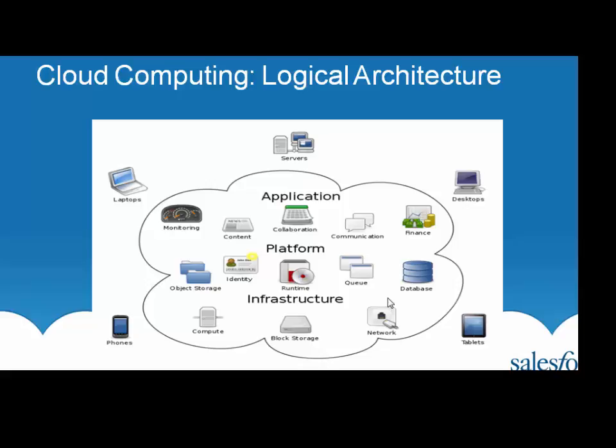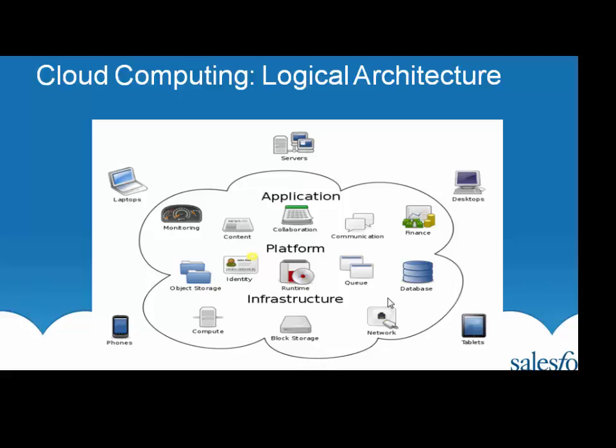So now I need to show you the logical architecture, which you can relate to what is happening here. We can loosely divide it into three parts: application, platform, and infrastructure.